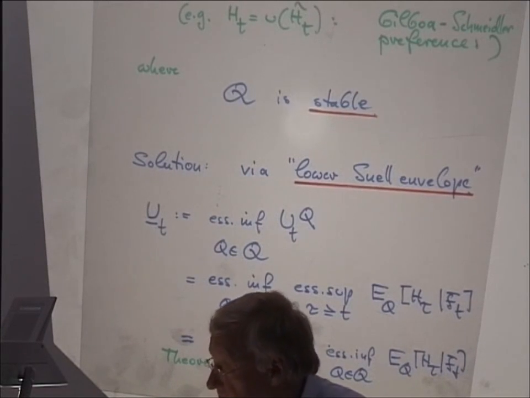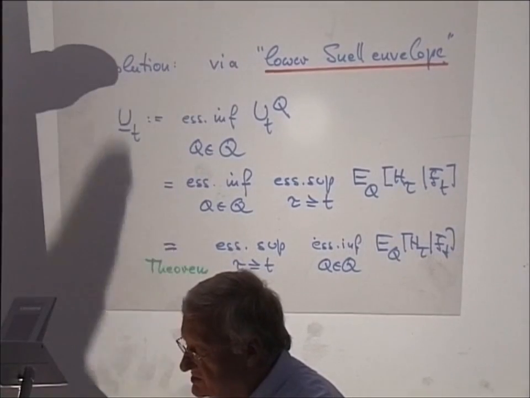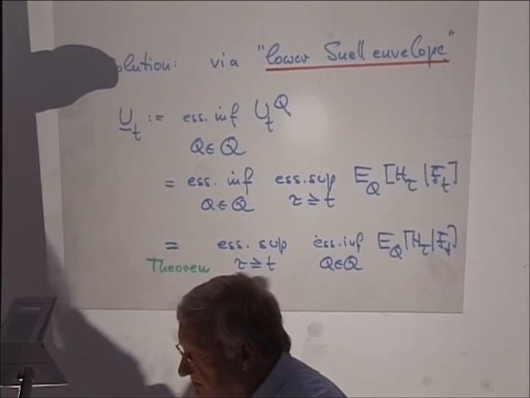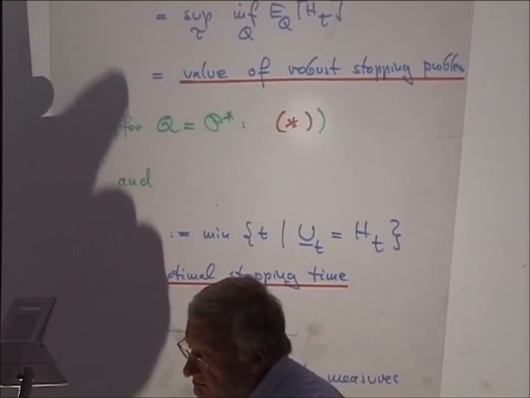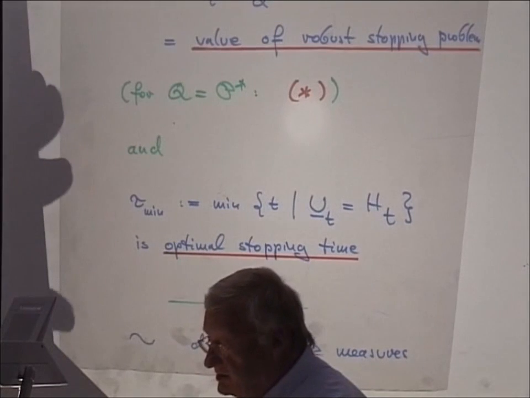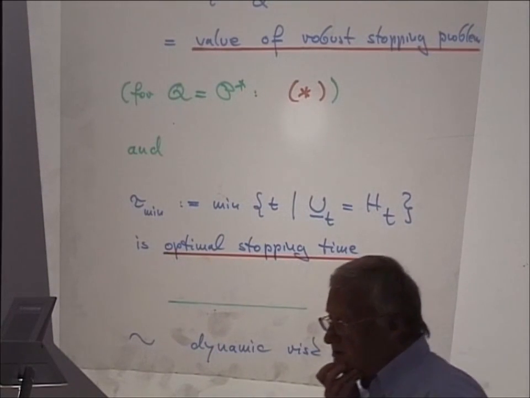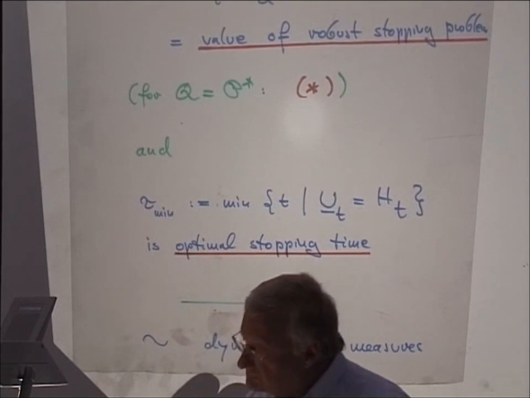And in particular, at this point, stability is needed to prove this sort of interchange. And in particular, at time 0, if we take specifically the class Q of equivalent martingale measures, then that's the interchange which appeared earlier.